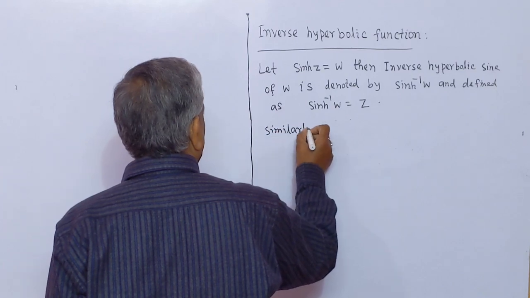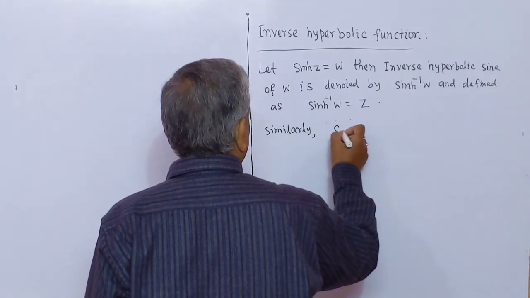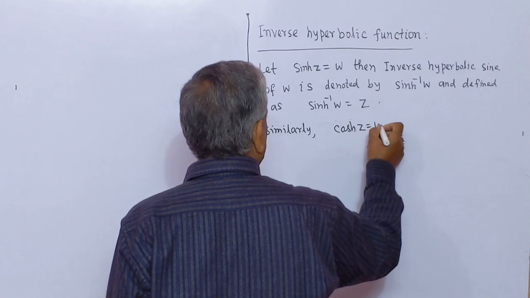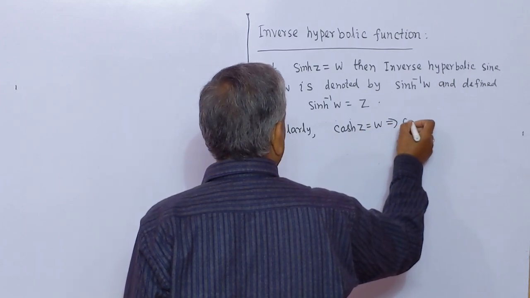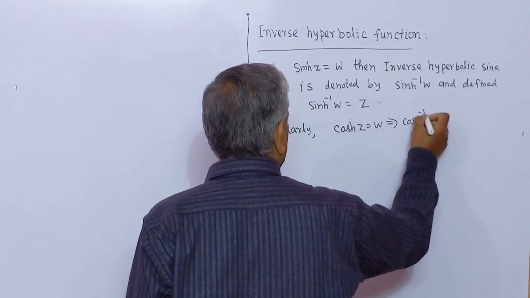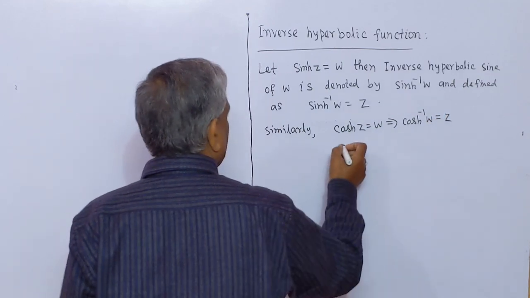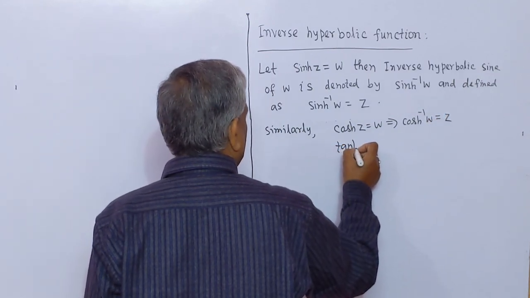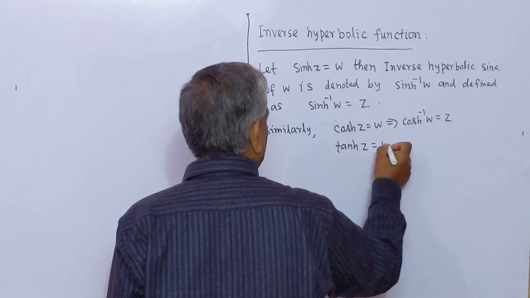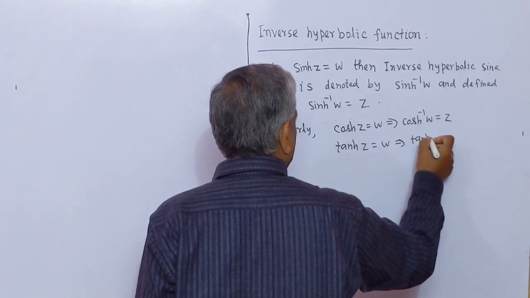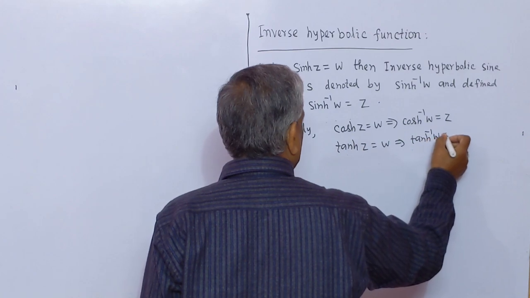Similarly, cos hyperbolic z equals w implies that cos hyperbolic inverse w equals z. Tan hyperbolic z equals w implies that tan hyperbolic inverse w equals z.